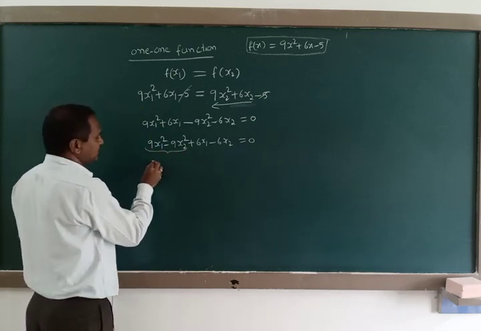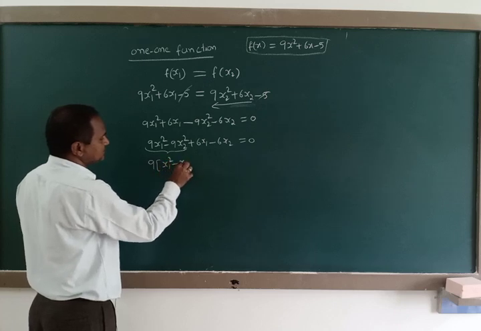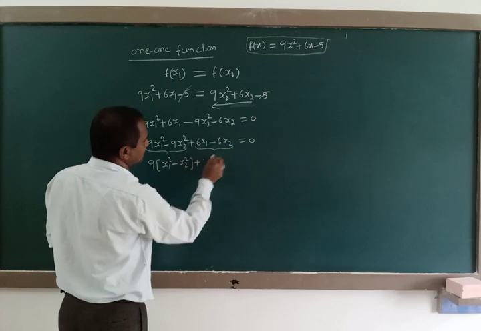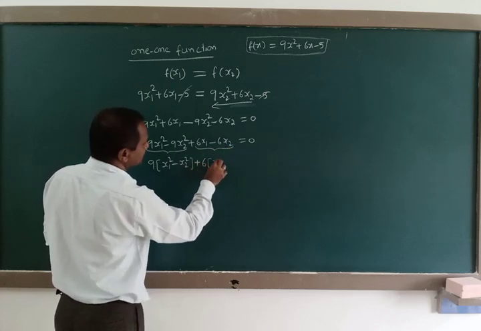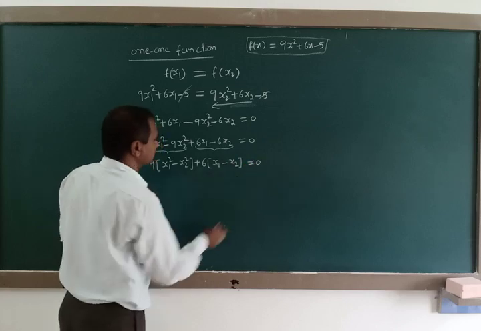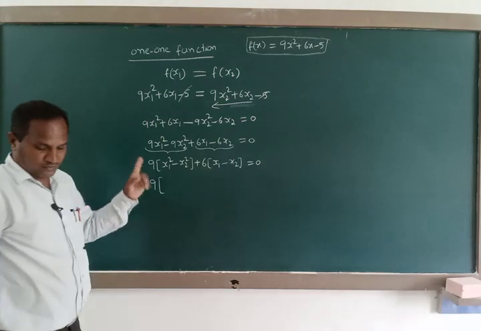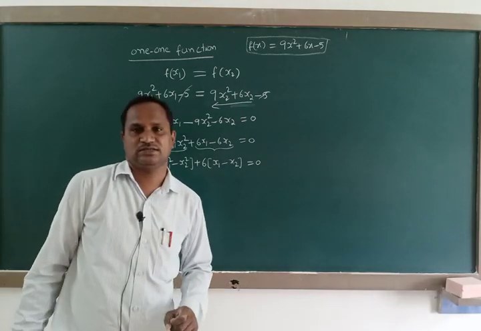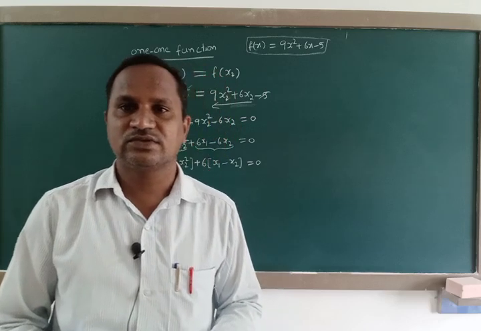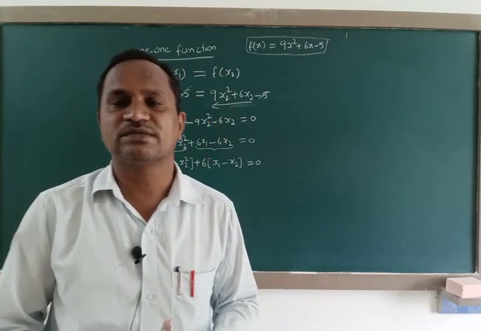From this take 9 common, then you will get x1 square minus x2 square. From the other two take 6 common, then we will get x1 minus x2 is equal to 0. For the first bracket, we have x1 square minus x2 square, which is in the form of a square minus b square.